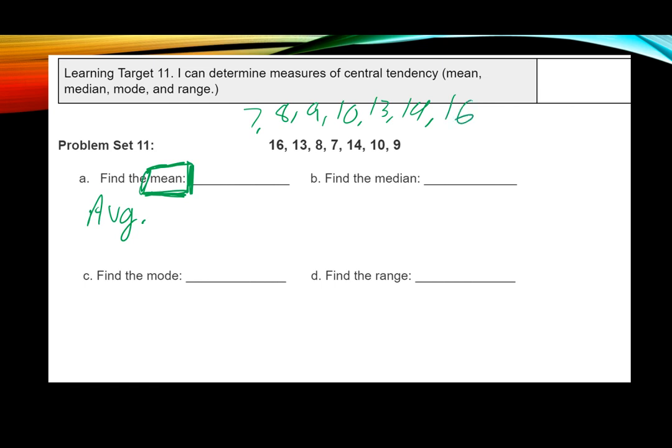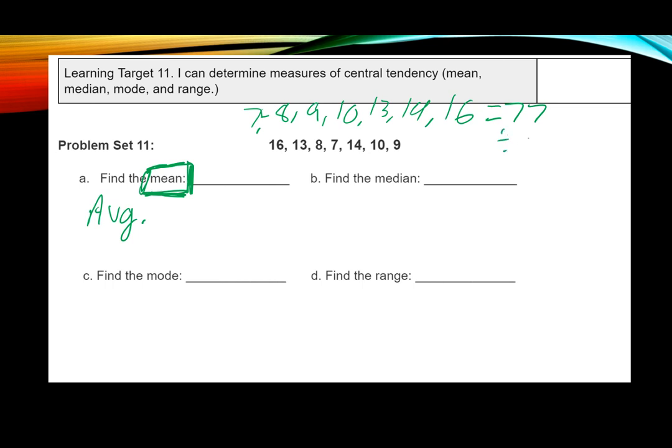What do you mean? We need to add these all together is what I mean. And so if we do that, we're going to get 7 plus 8 plus 9 plus 10 plus 13 plus 14 plus 16, 77.